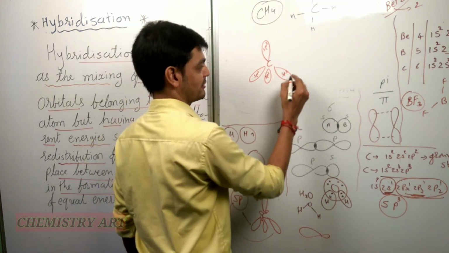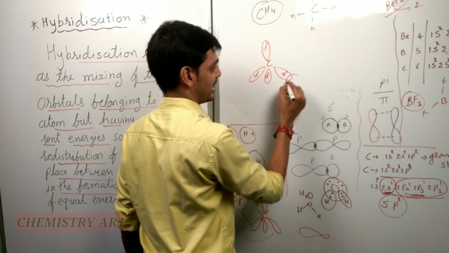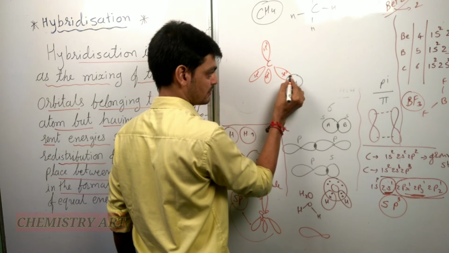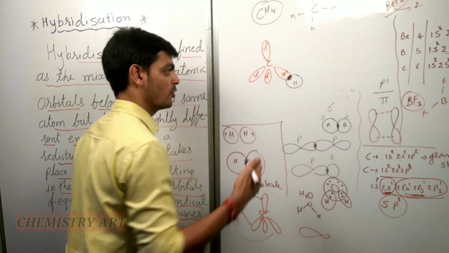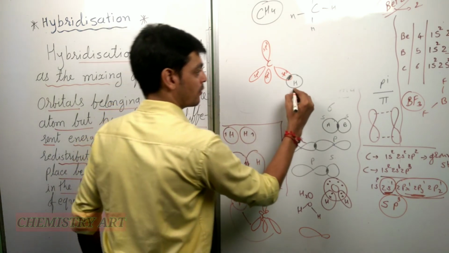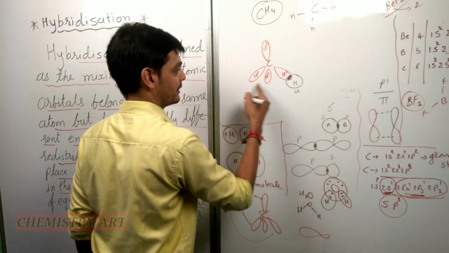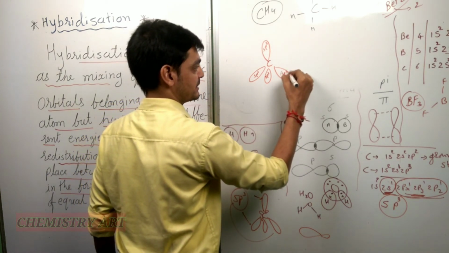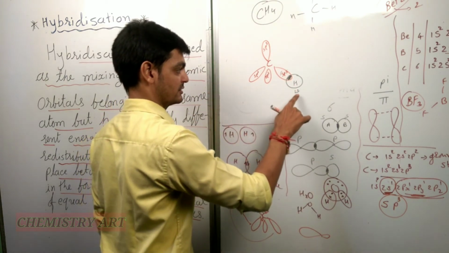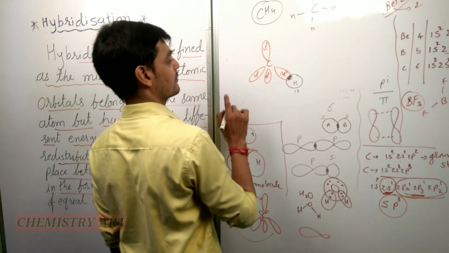And as we know, the hydrogen atom has an s orbital, so the atomic orbital of hydrogen is forming a covalent bond by overlapping, between the 1s orbital of hydrogen and the sp3 hybridized orbital of carbon.